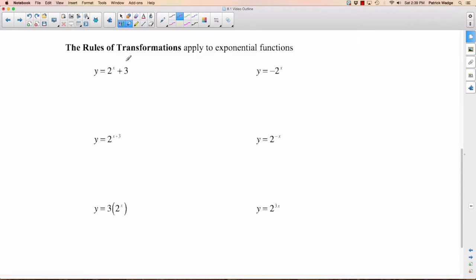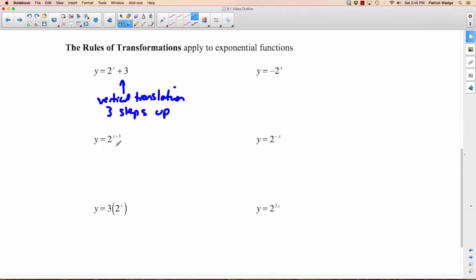Okay, just a reminder that the rules of transformations do apply to exponential functions. The function is here, the x, so if something's going to be in the function, it's got to be in the exponent position. In other words, this plus 3 is outside of the function. If you have this plus 3 outside of the function, what kind of transformation is that? That is a vertical translation 3 steps up.